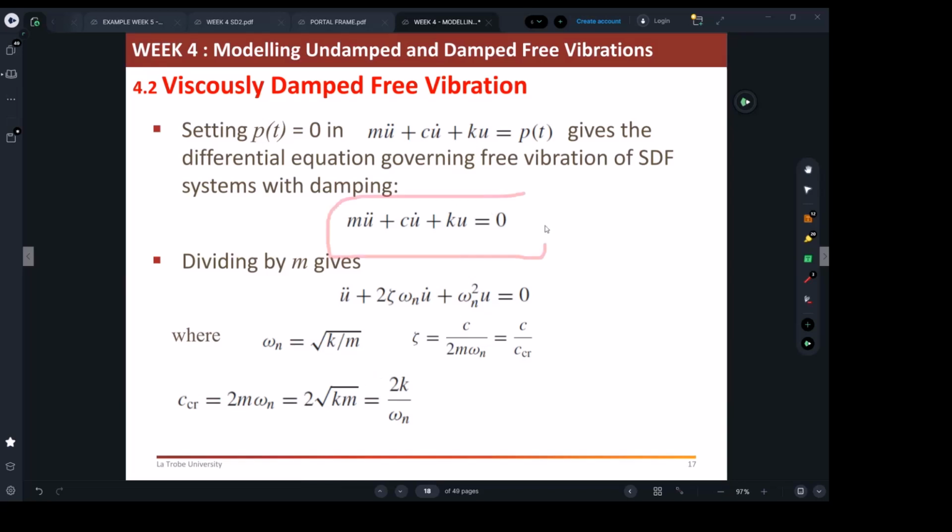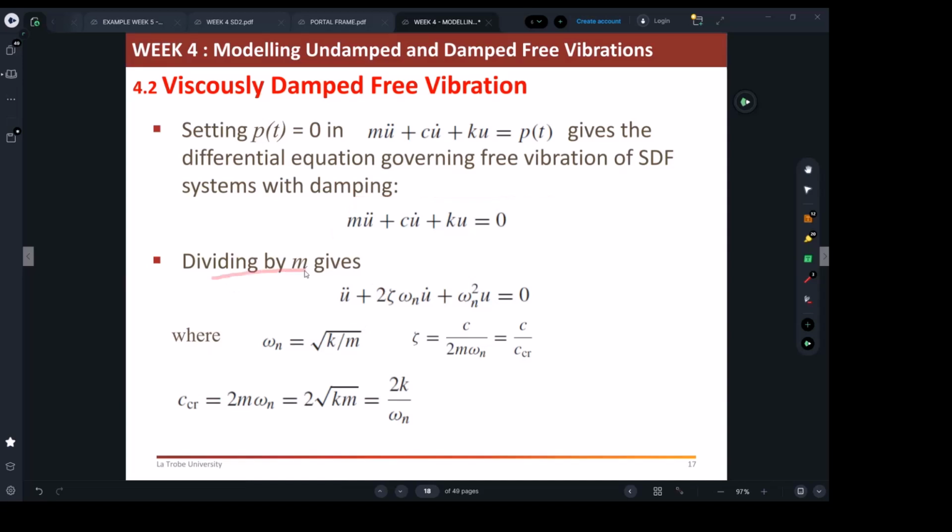The equation will look something like this, right? So still we got 0 here because no external actions, and we have the damping introduced in the equation. So all good so far. From math, we want to manipulate and rearrange things.